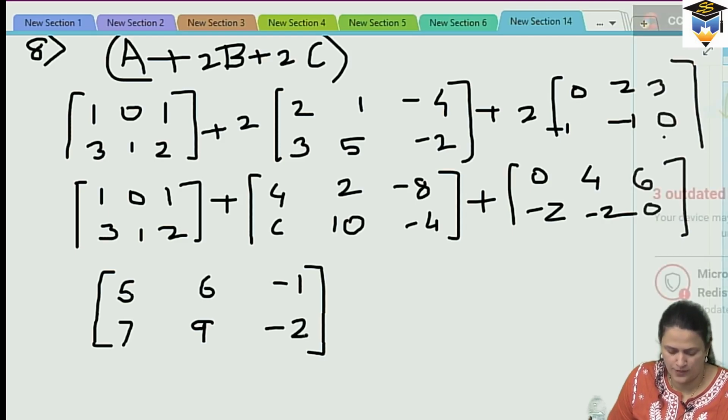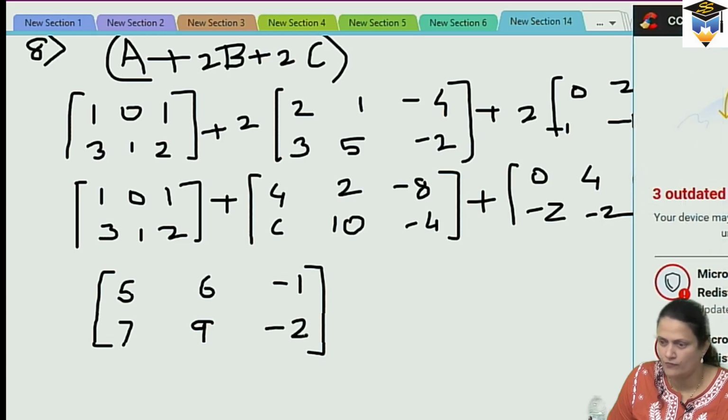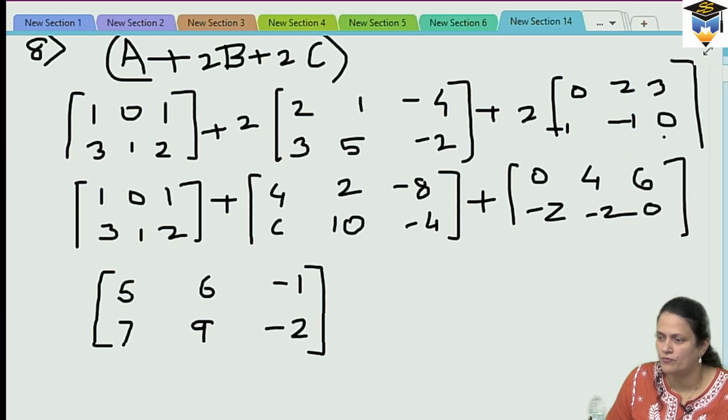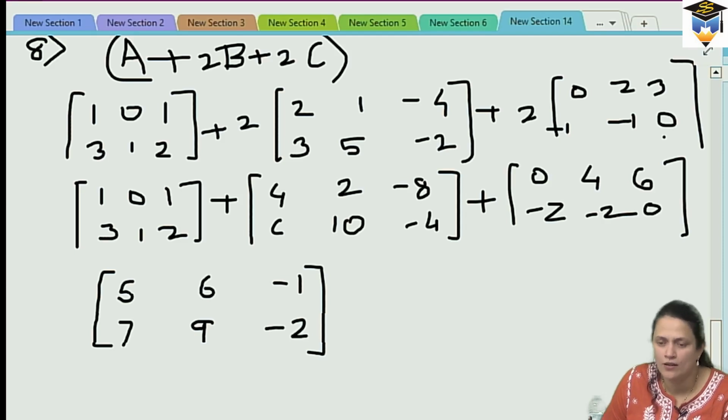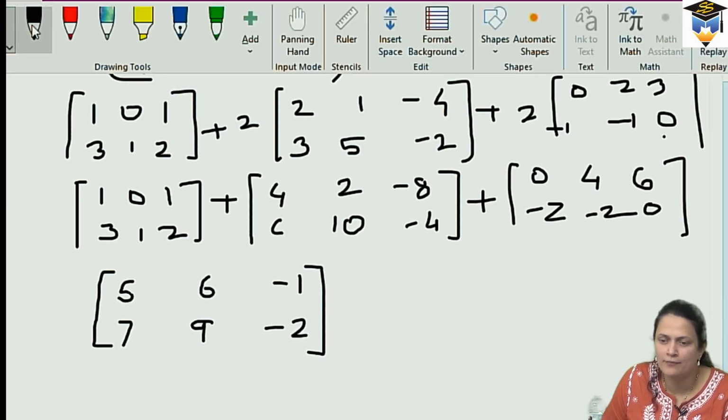1 plus 4 plus 0. 0 plus 2. This is going to be, oh, it is 3C. Okay, that's why the answer is not matching. Here it is 3C, so you have to multiply it by 3.